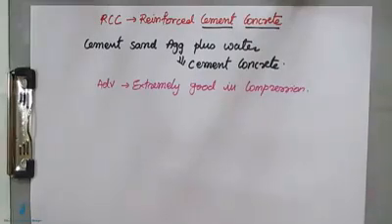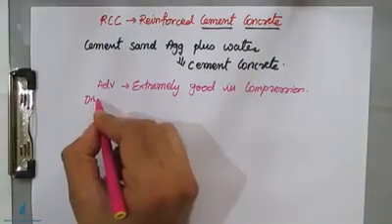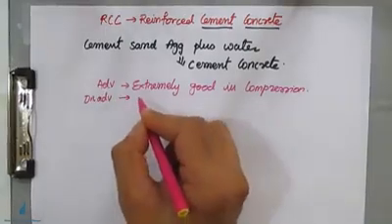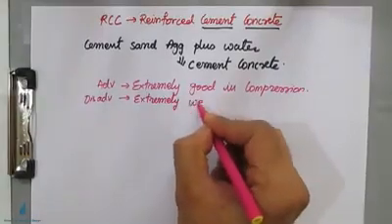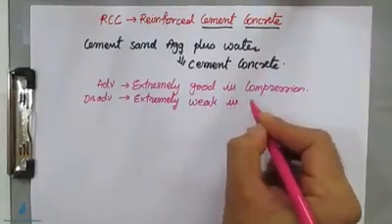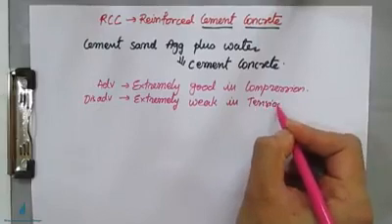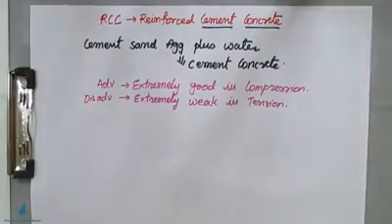So the advantage of concrete is it is very good in compression, but as it has one advantage, the biggest disadvantage is also present. The disadvantage of concrete is that it is extremely weak in tension, right? So this is the advantage and disadvantage of your cement concrete.